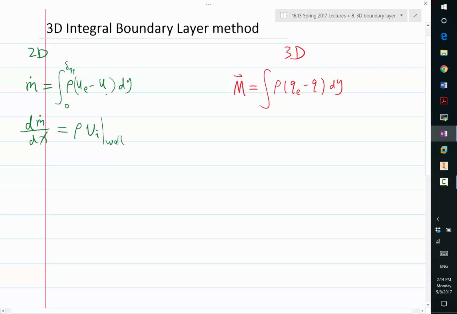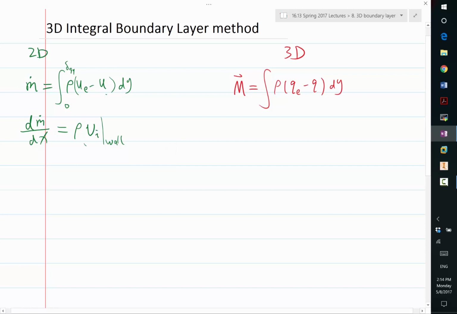And vi is what? Vi is the wall normal velocity of the inviscid equivalent velocity, right? And the inviscid equivalent velocity is a velocity field that satisfies the inviscid governing equation everywhere, including inside the boundary layer, and also conforms with the viscous solution outside the boundary layer, right?